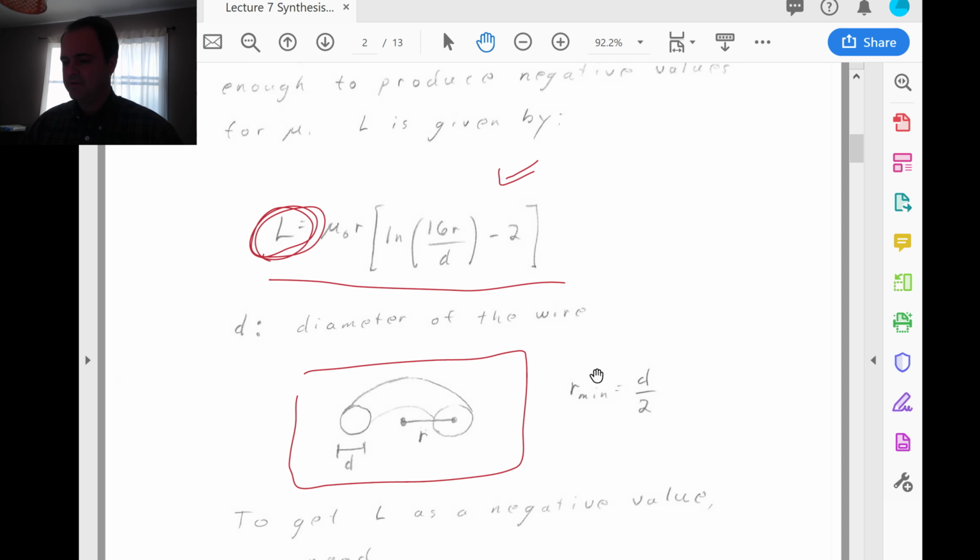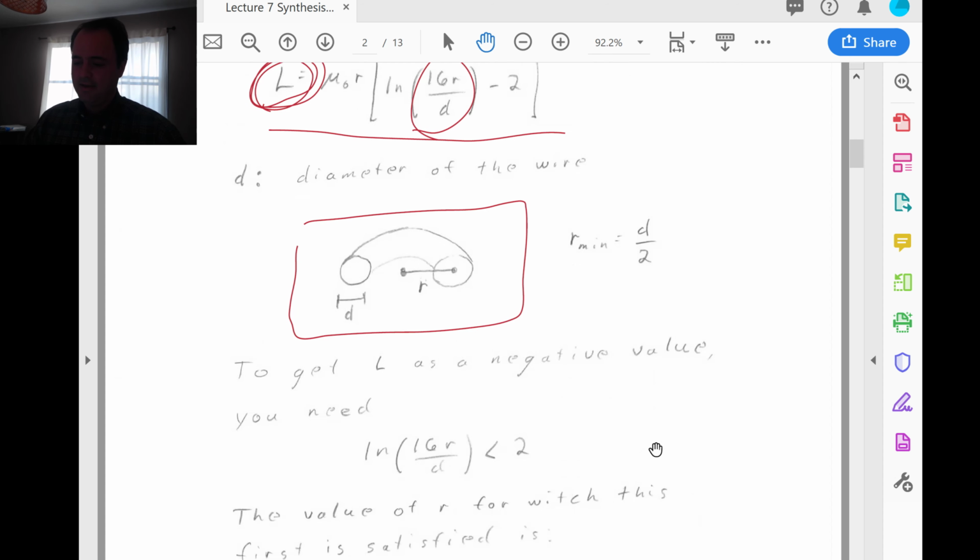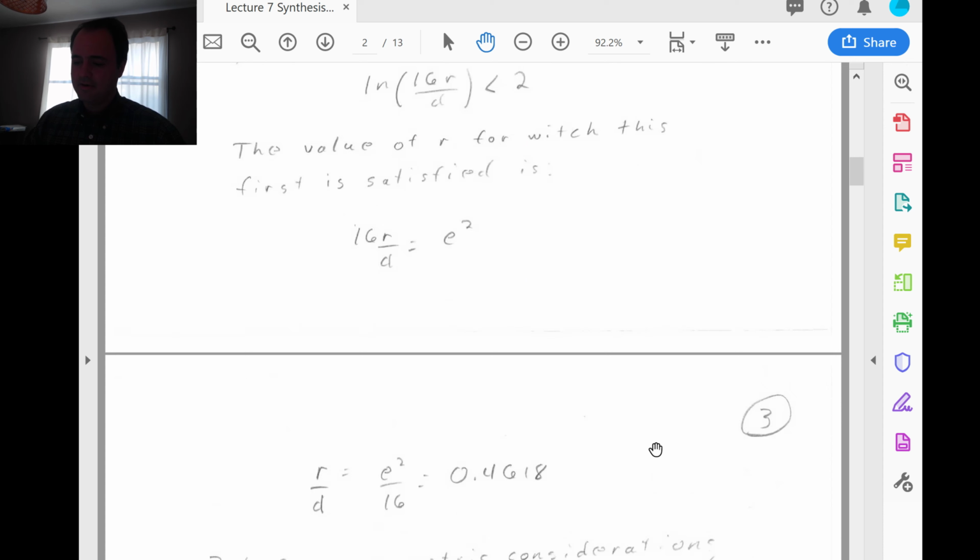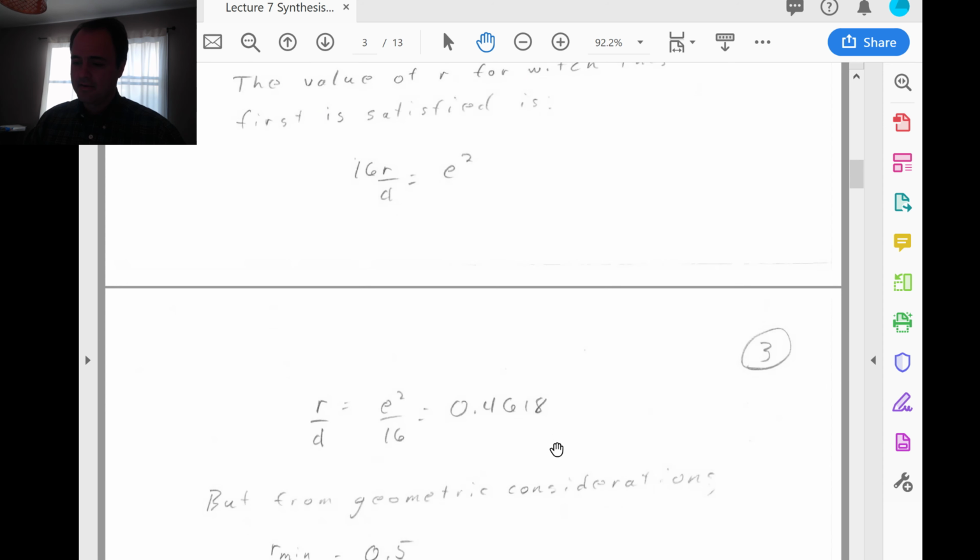However, the smallest r we can have is d over 2. So here the smallest this can be is 16 times d over 2. The d's cancel, and you have 16 over 2, or log 8, and so r has to be equal to 0.4618.